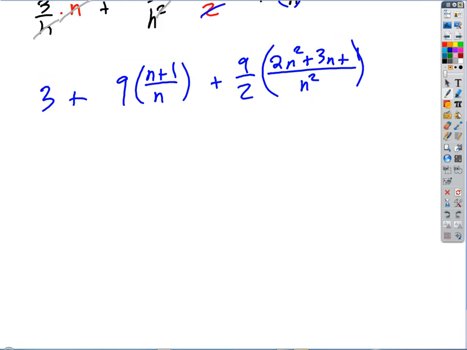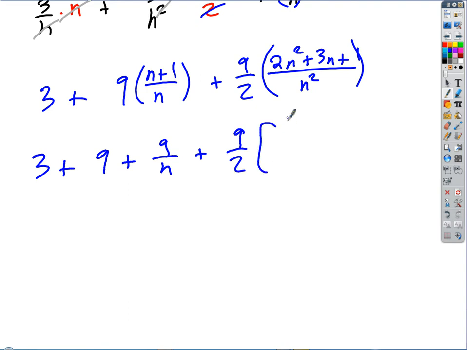If I expand this part out, I get 3. If I write this as 2 separate fractions, that's just 9 times (1 plus 1 over n). Everybody agree with that? So that's just going to give me 9 plus 9 over n if I distribute. Okay. What about here? If I break this whole thing apart into 3 fractions, let's just actually do that.